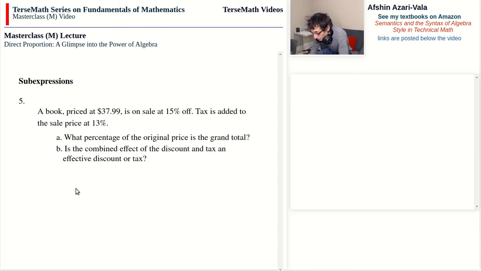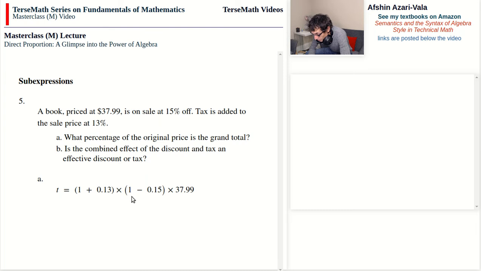One of the interesting things that you should pay attention to is that I'm going to use semantics to solve part A. So we begin with the equation that we normally would set up for the grand total. We start with the price, $37.99. And because it's on sale at 15% off, we will pay 85% of the price.